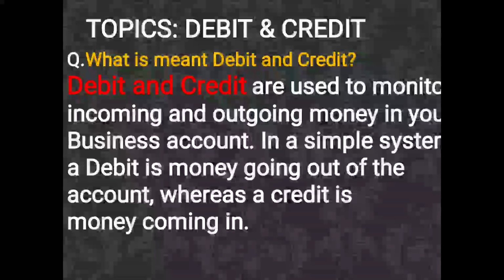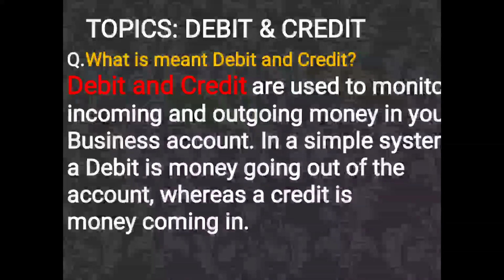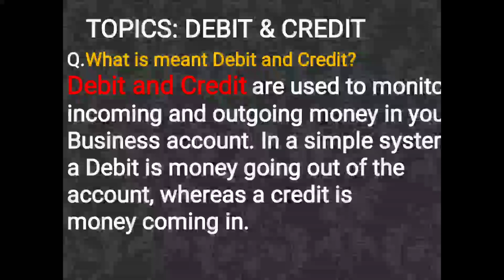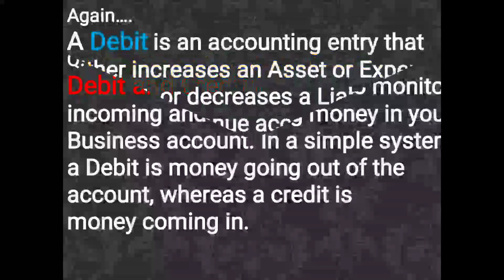In a simple system, a debit is money going out of the account, whereas a credit is money coming in. This is the very simple definition of debit and credit. You have to write it for learning the definition of debit and credit.